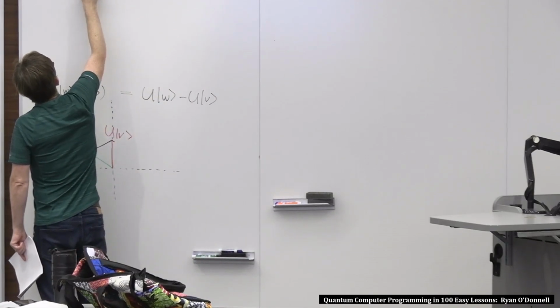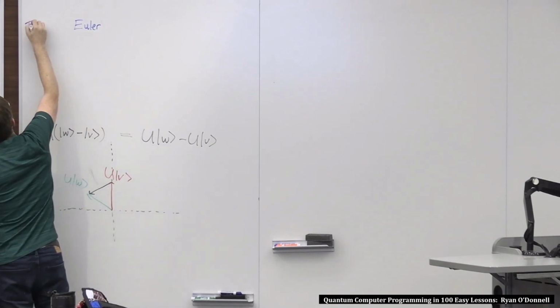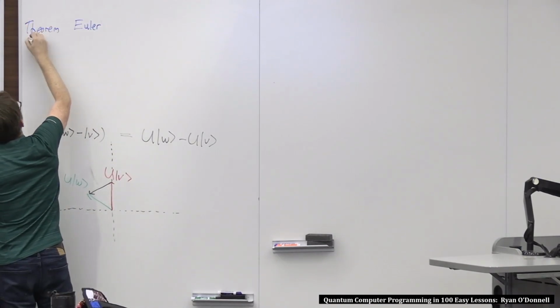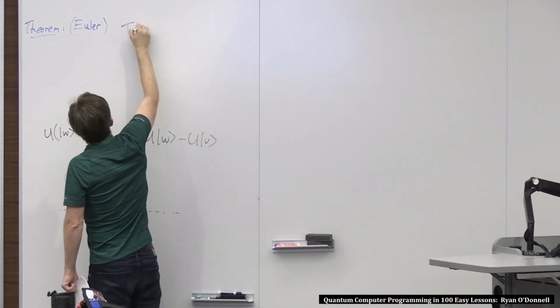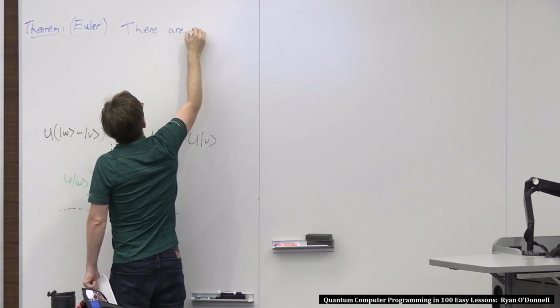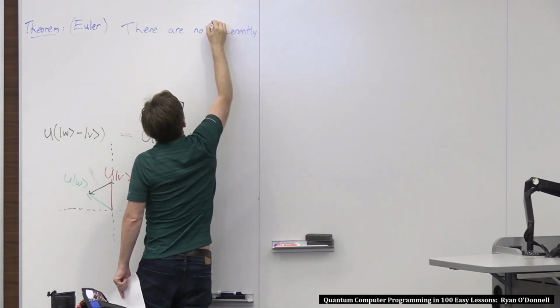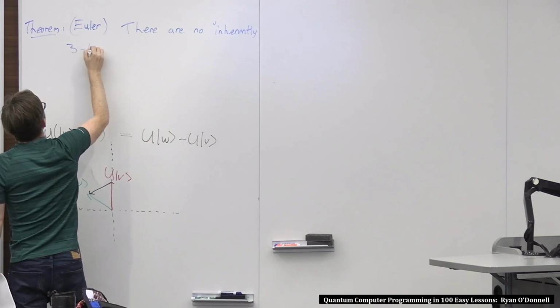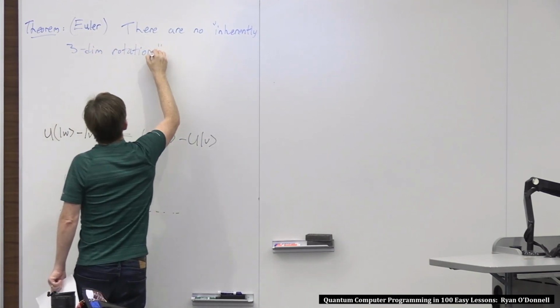There's this Swiss person called Euler, and he had a theorem about this very fact, which is that, I'll say this first, there are no inherently 3-dimensional rotations. That's how you can maybe think about it.